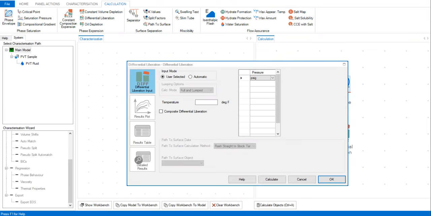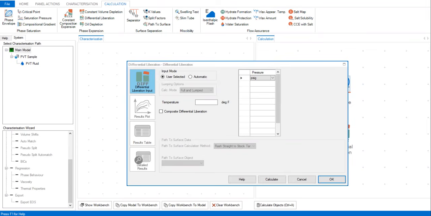As such, the residual oil volume, which is used to calculate the GOR and oil formation volume factor from the differential liberation experiment, will be path dependent. Okay, this is very important, this term, path dependent.